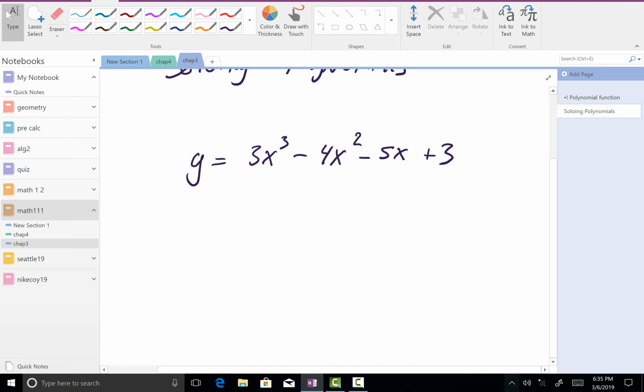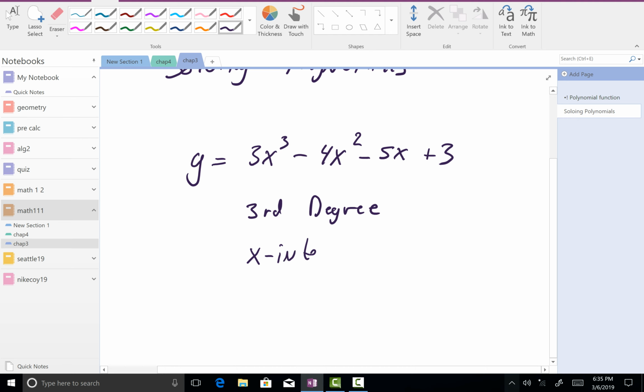So one of the things we said, so we have a third degree right here, third degree. And if we graph it, all right, how many x-intercepts do we think we're going to have? 3, right?